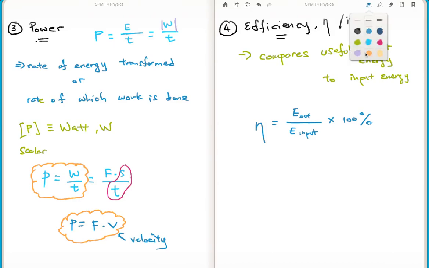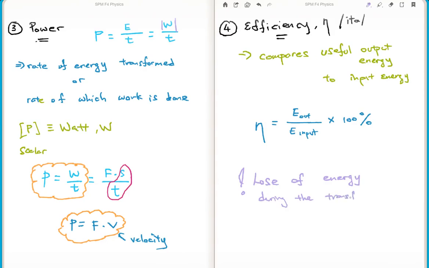Where will you normally see it? It's actually about loss of energy. Why do you want to know about efficiency? Because there's a loss of energy during the transformation. Here's another simple graphic.